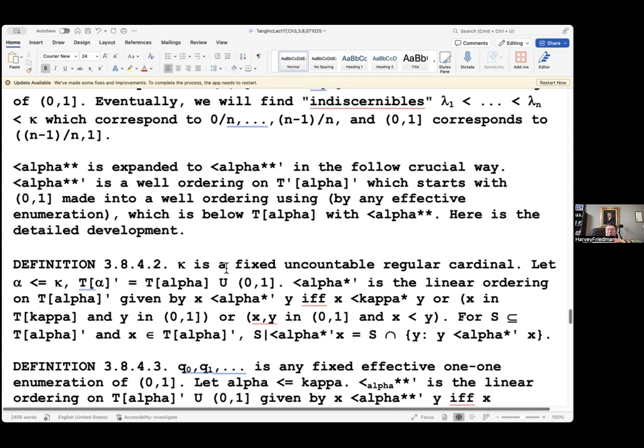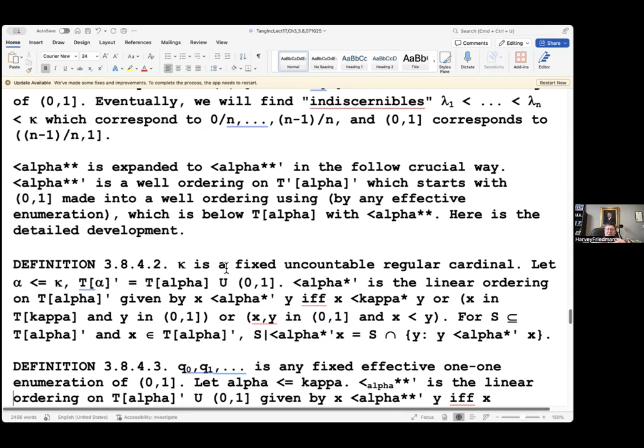And I don't put it in front with the usual ordering because that's not well founded. I put it in front based on some enumeration of it of type omega. In other words, I make it of type omega and I stick it on in front.